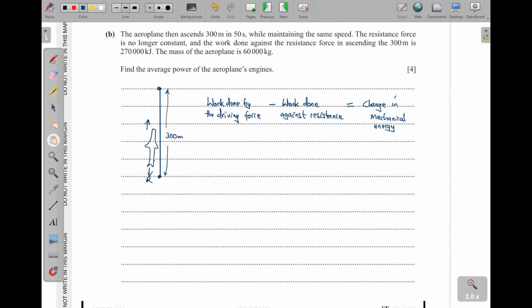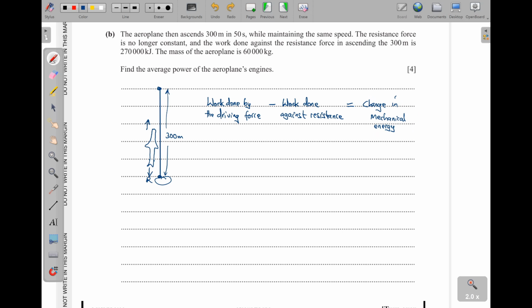Now, when this one ascends, it is moving at a certain speed, so it is maintaining the same speed. So here it has kinetic energy, and also here it has kinetic energy. But that kinetic energy is going to cancel out when I look at the change, because the speed is the same, so there won't be any change in kinetic energy.